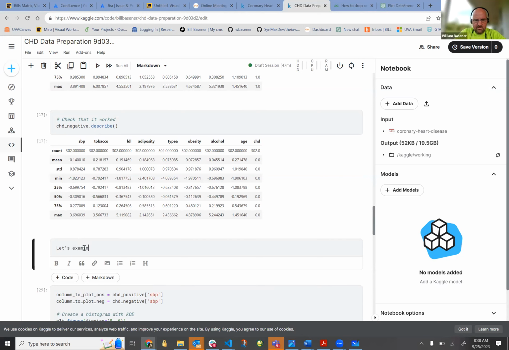Let's examine the difference between the distributions for the systolic blood pressure distributions for the CHD positive group and the CHD negative group.